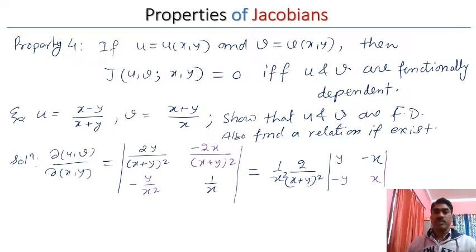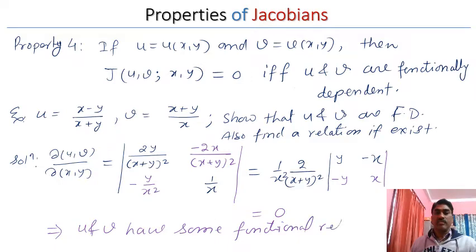So this is equal to 0. Because the determinant is 0, this means u and v have some functional relation.